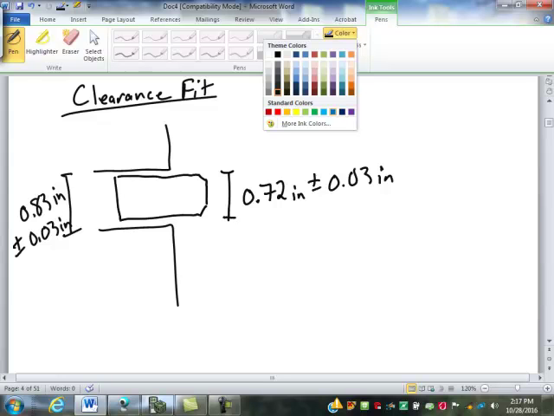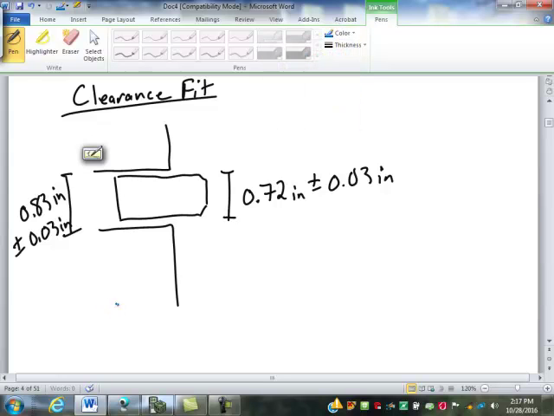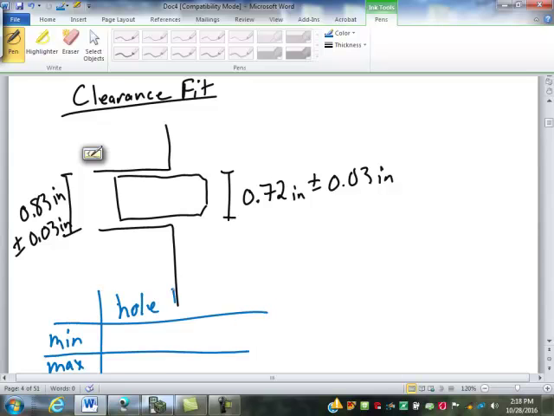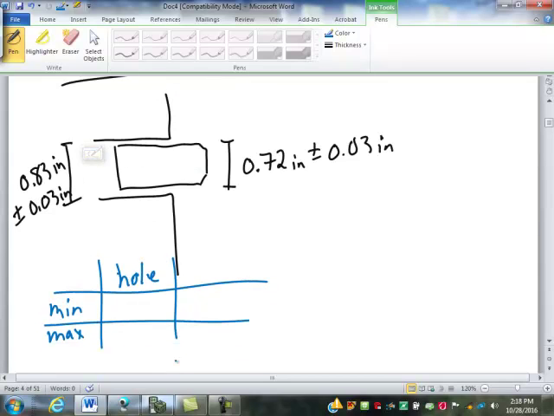So now if we look at this situation, let's look at the hole. So minimum and maximum size. What is the minimum size of that hole going to be? 0.8. Maximum size? 0.86. Good. Of course, those are inches.